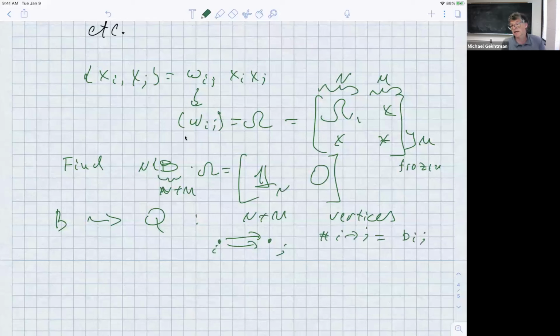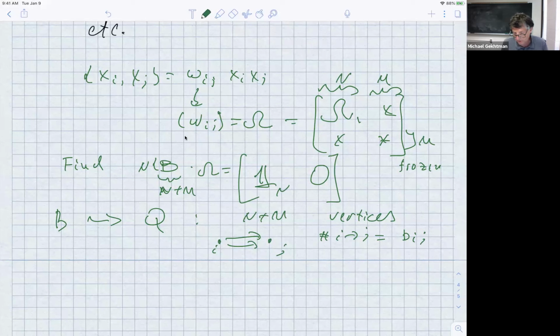If Bij is negative, then the arrows point in the opposite direction. When I change coordinates, my omega changes, and therefore my B changes, because this relation stays the same, and therefore my quiver changes. That's what quiver mutation is.